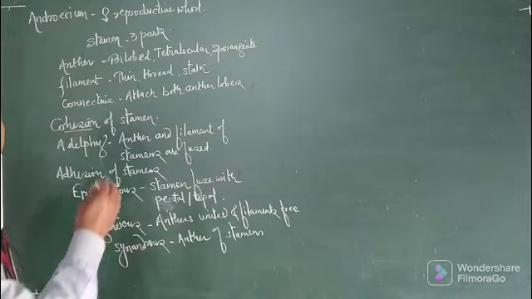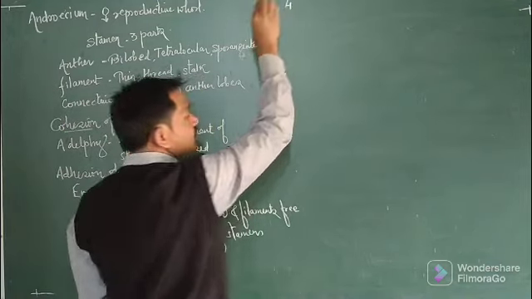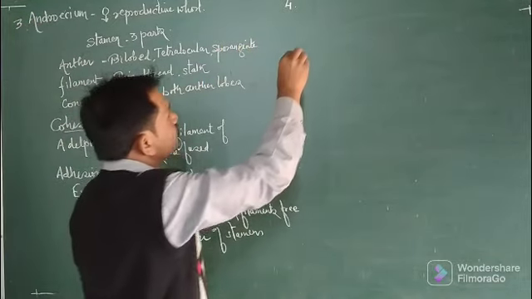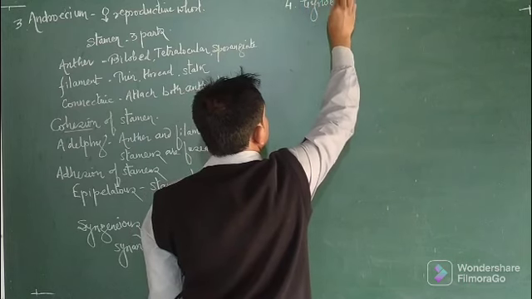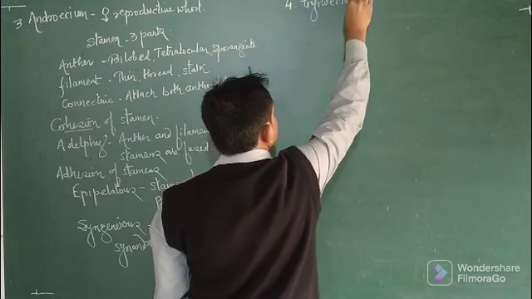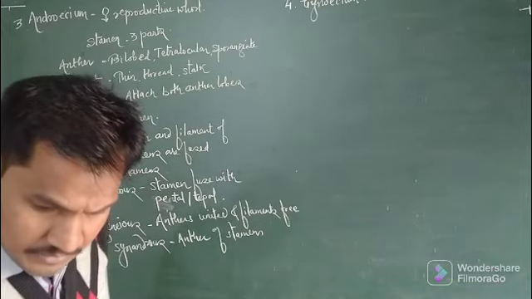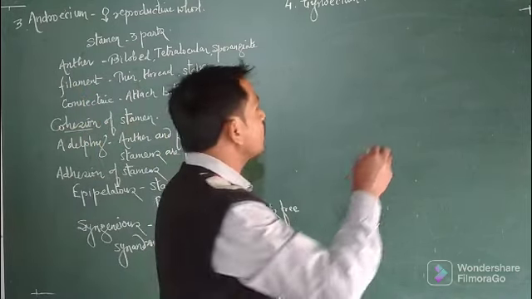Next one is the innermost floral whorl, the fourth floral whorl. This is the gynoecium. This gynoecium is the female reproductive floral whorl.